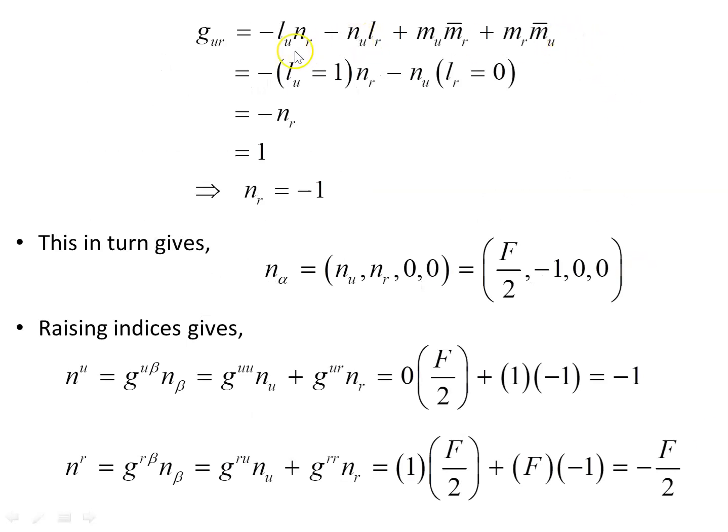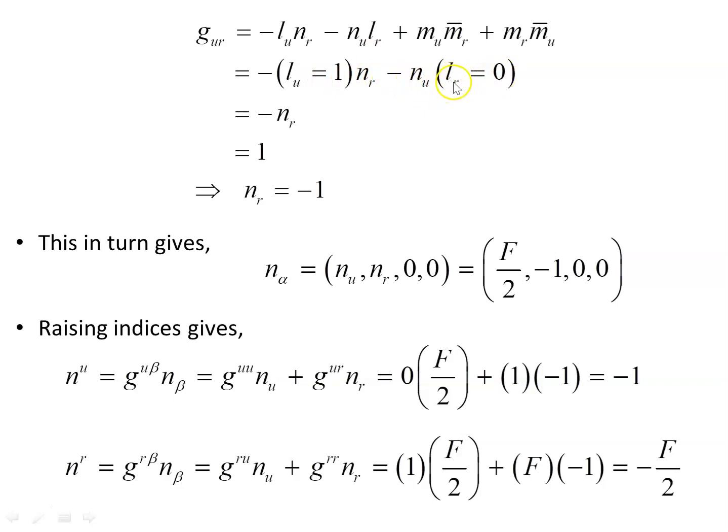Next, the next non-zero component, GUR, which we know to be 1 in the metric. So substitute in the L, so we have minus LU NR minus NU LR plus these objects here. Now, these all drop out to 0, so MU, MR, they're all 0, so we don't have to worry about those. And we know here that LU is 1 times NR minus NU times LR.